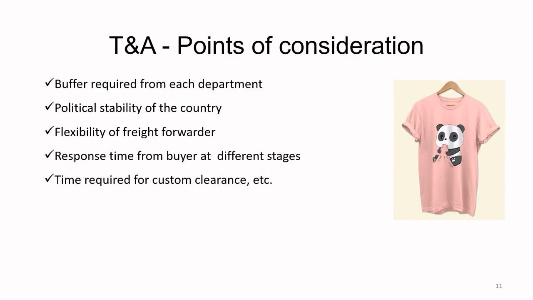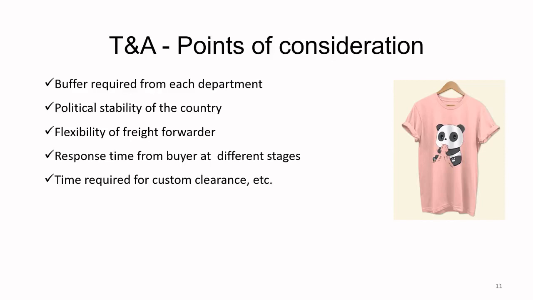Another thing that has to be considered is the time required for customs clearance. Now there are instances where some products have some accessory or some fabric which may fall under some category, because of which customs will investigate, and therefore it will take more time to clear the goods.